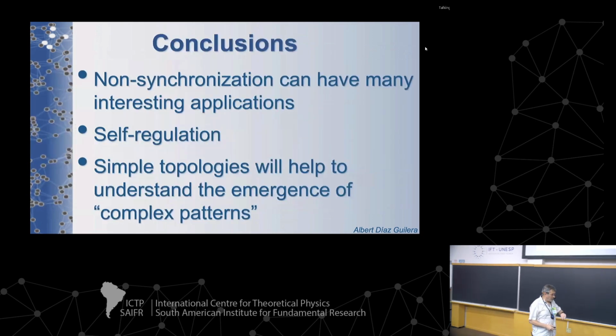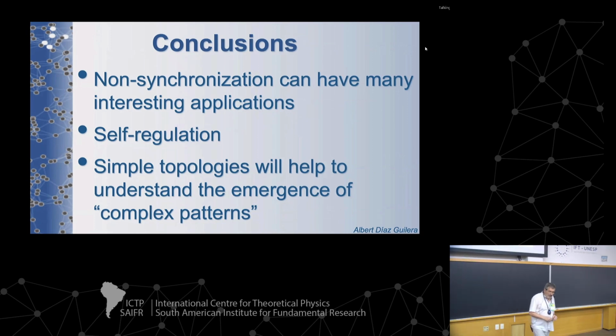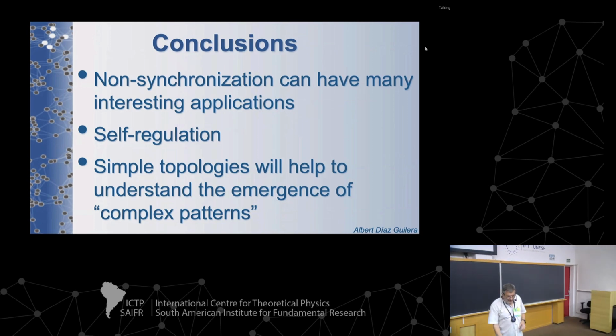So then I go to the conclusions. Sorry for taking more time. I hope to have convinced you that non-synchronization can have some applications, and in this case it can be modeled that way. The two examples that I put more emphasis on at the end are the self-regulation and the switchers.